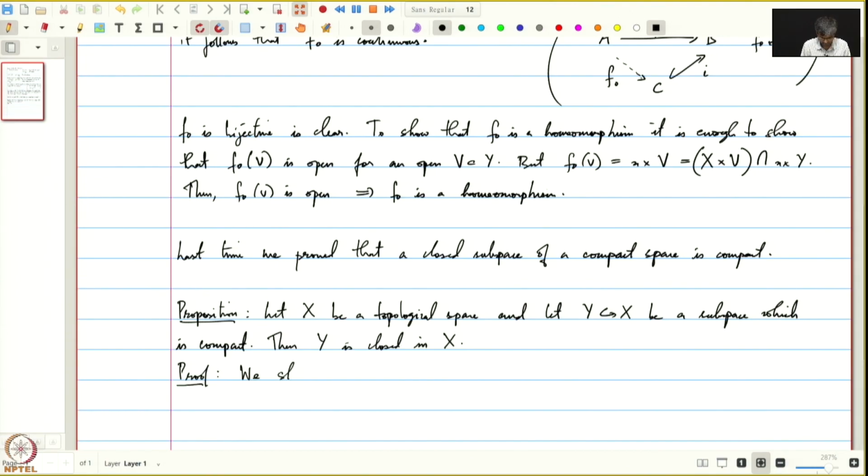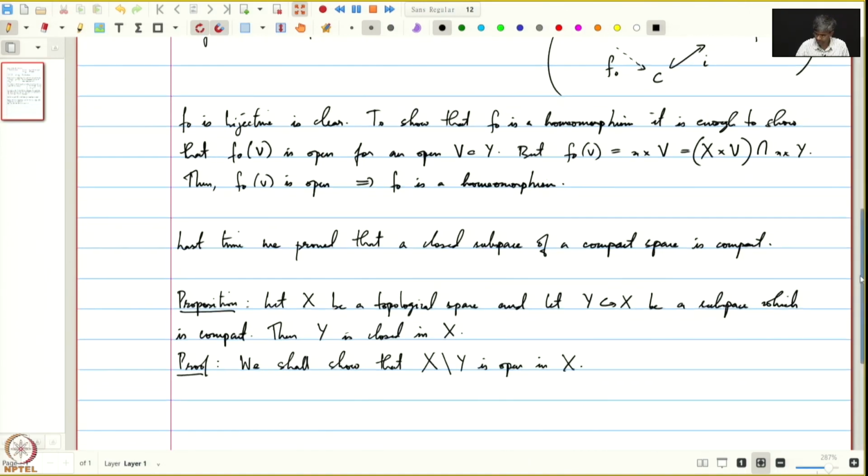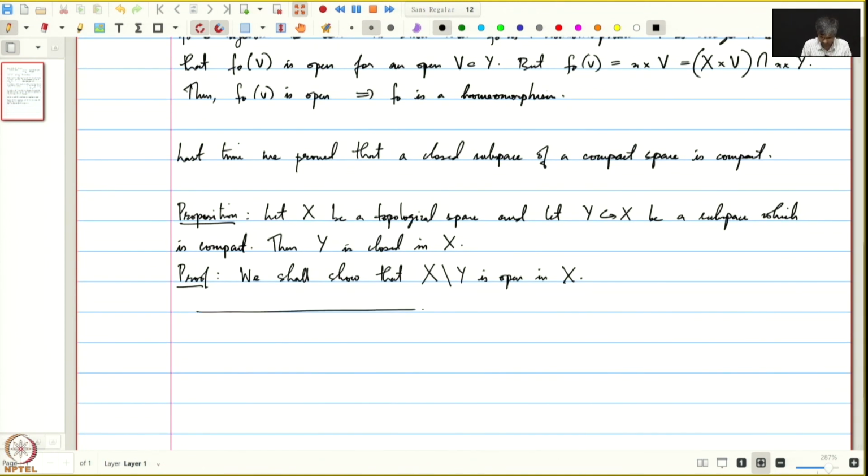So we shall show that the set X minus Y is open in X. Okay, so once again let's make a picture. Let's say this is our X and say this is our Y. So let's pick up any point x over here.